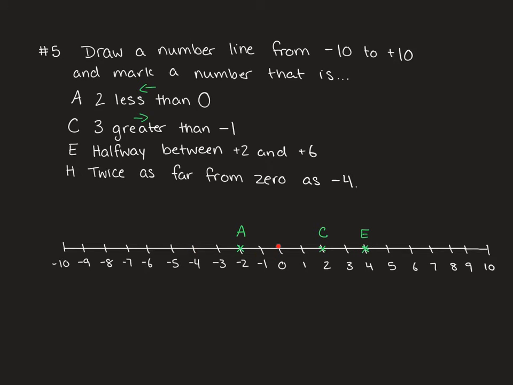So if we find that this is 4 away, between 0 and 4, to get twice as far, we need to go another 4. So that would take us to negative 8. So if we mark negative 8 as H, it is 8 away from 0, and it is 4 away from negative 4, and 8 is twice as much as 4.